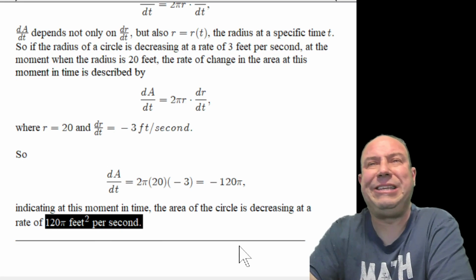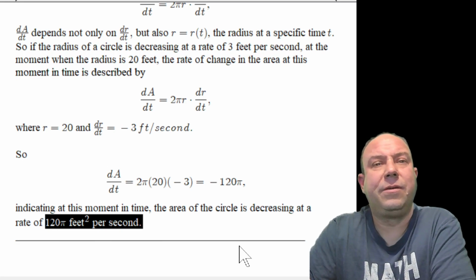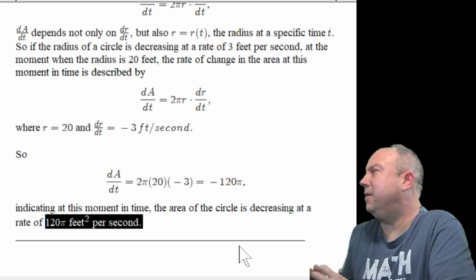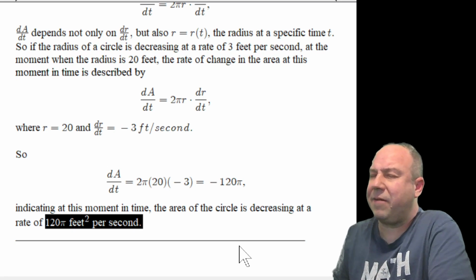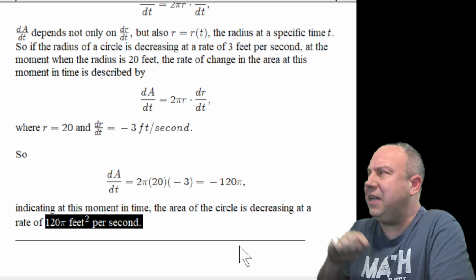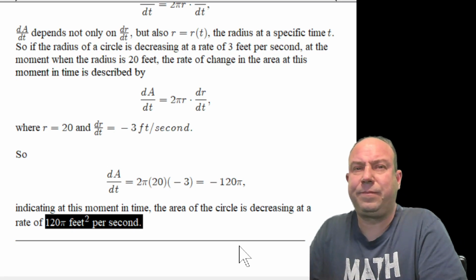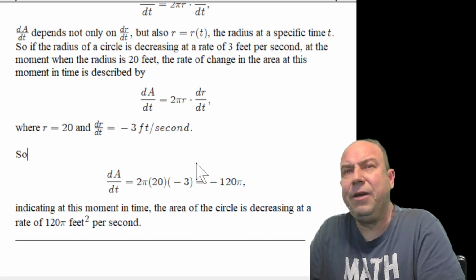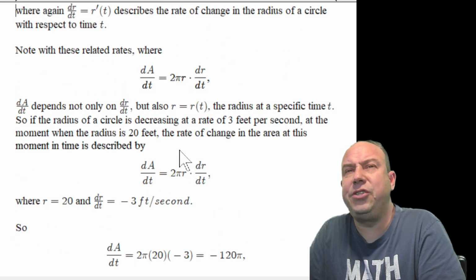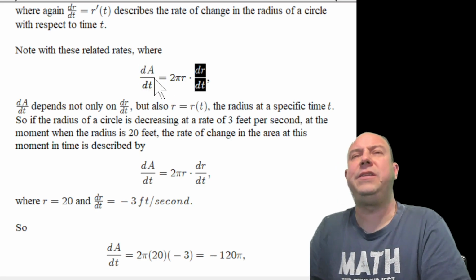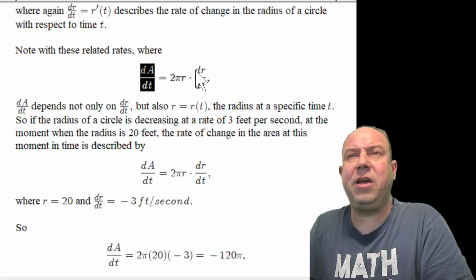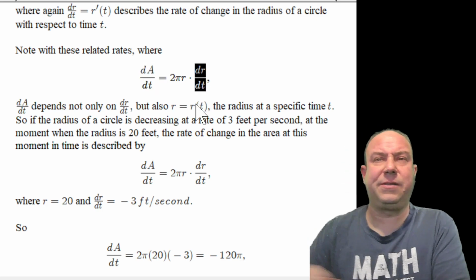The statement seen here. Right? This is highlighting a second example of a related rate problem. Where here we were looking at the relationship between the rates dA dt and dr dt for the area of a circle and its radius.